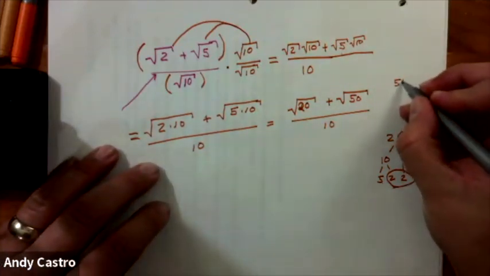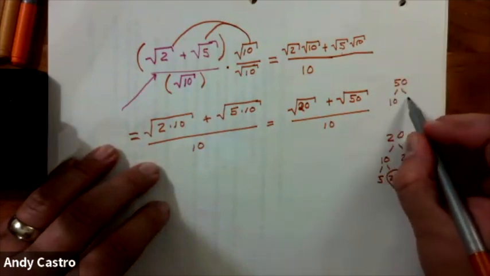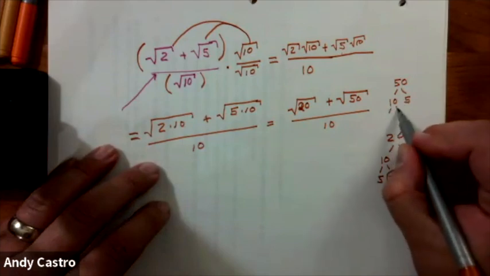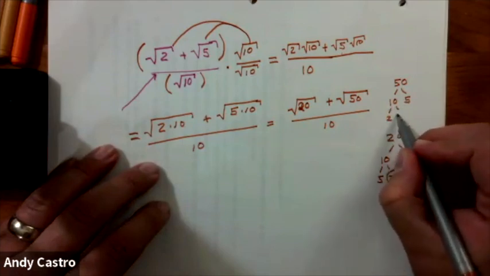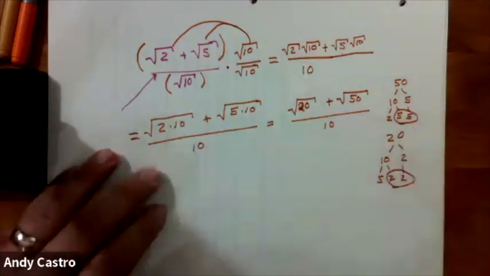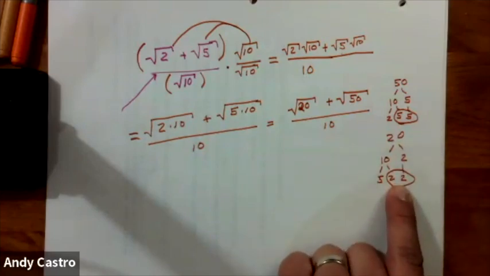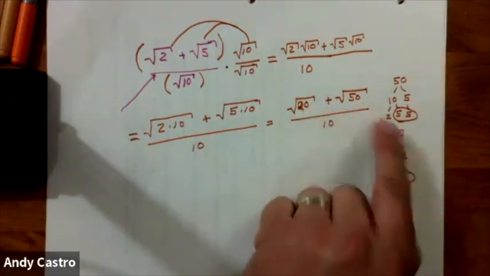Then if I look at the 50, and I divide 50 by 10, I get 5. 5 times 10, and this is also 2 and 5 here. So notice I've got two 5's. 5 times 5 is 25. So I've got a 25 and a 4. Both of those are perfect squares that will be underneath radicals.